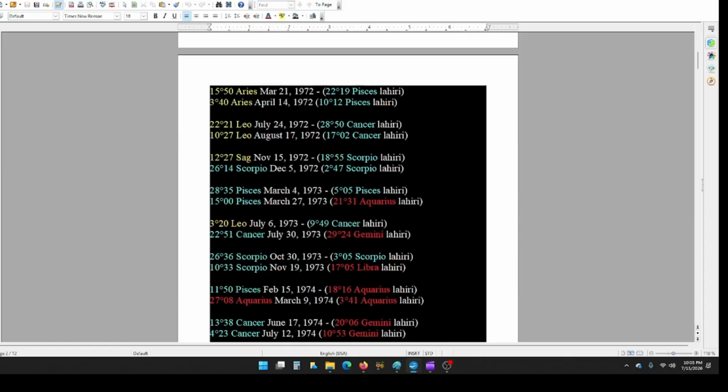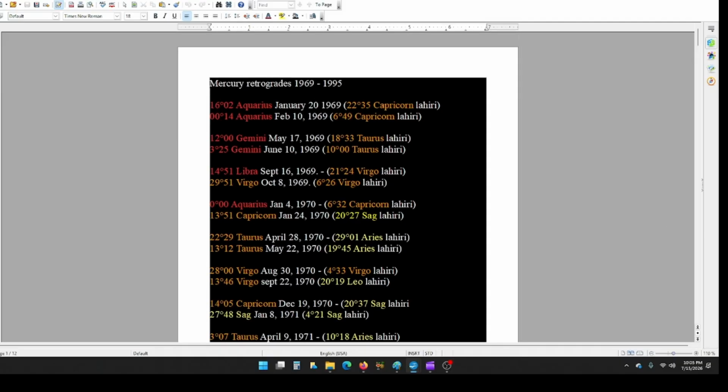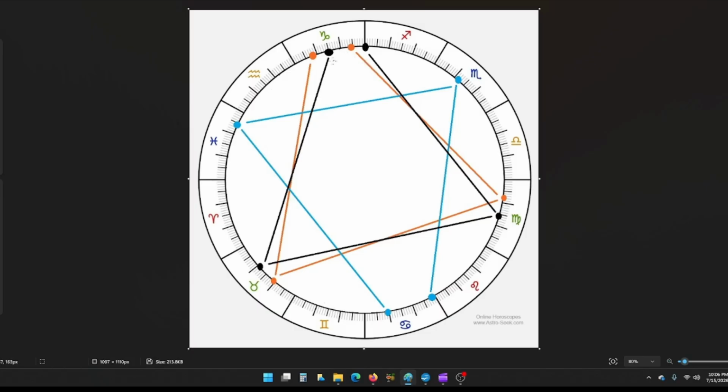Back in Capricorn, just as this is back in Capricorn. That's 11, 11, 22. So this blue point is 11 after this orange point, and then this black point is 11 after this blue point.